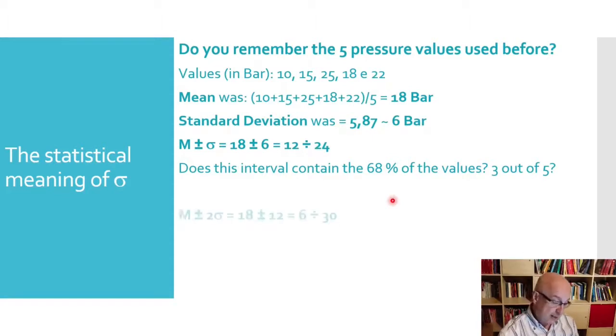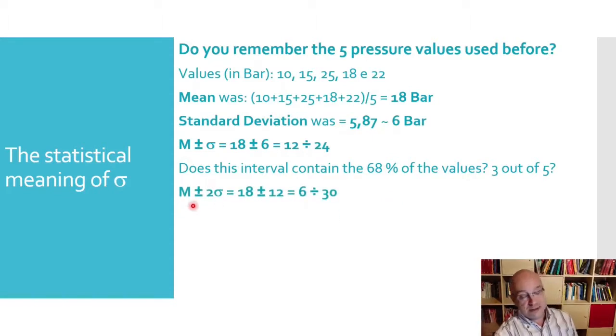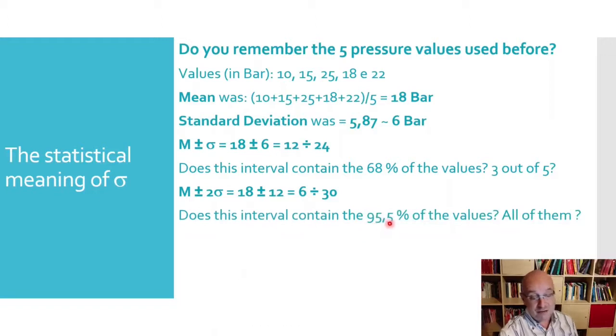And again, if I consider the second range, the mean plus minus 2 standard deviations, so 18 plus minus 2 times 6, so plus minus 12. So 18 minus 12 is 6, 18 plus 12 is 30. Does this interval from 6 to 30 contain the 95.5% of these 5 values?